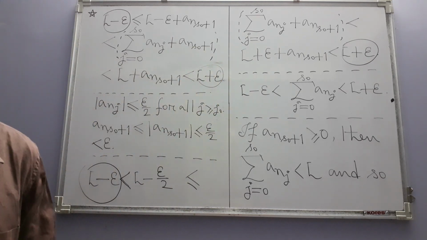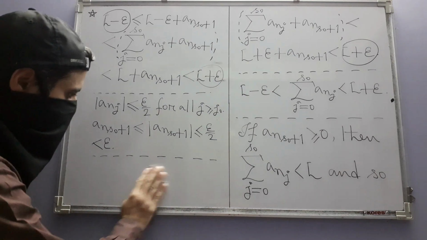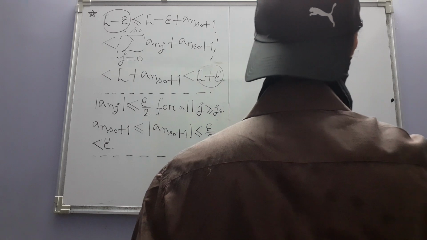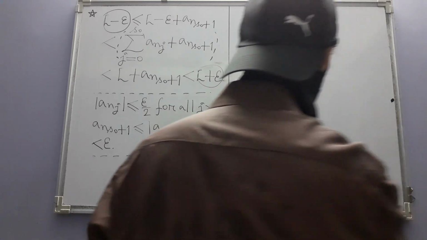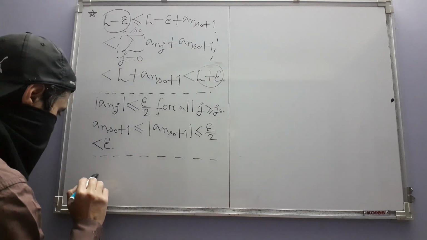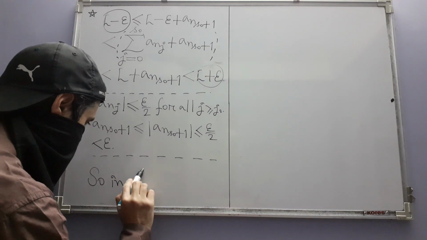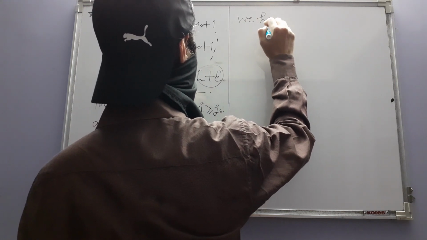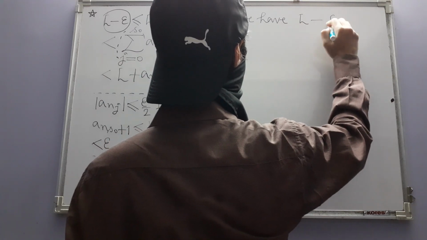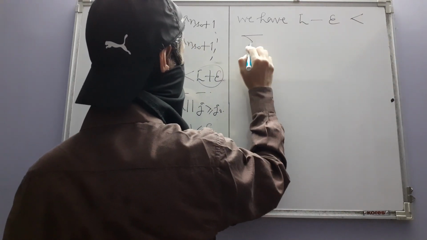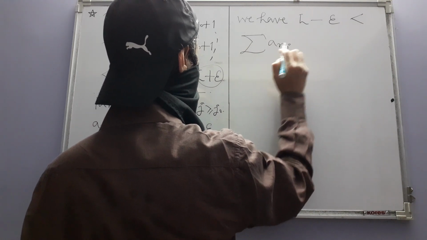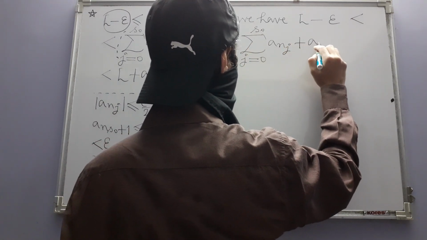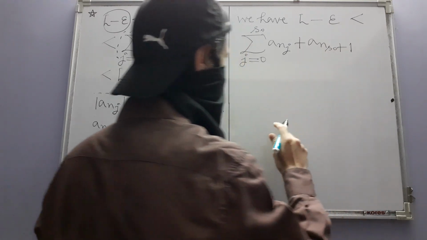So now we can write, in either case we have L minus epsilon less than summation a n j, where j varies from 0 to s naught, plus a n s naught plus 1, which is less than L plus epsilon.